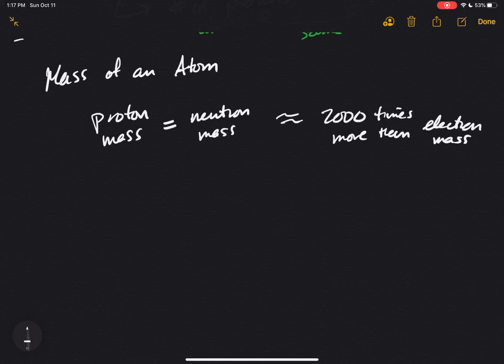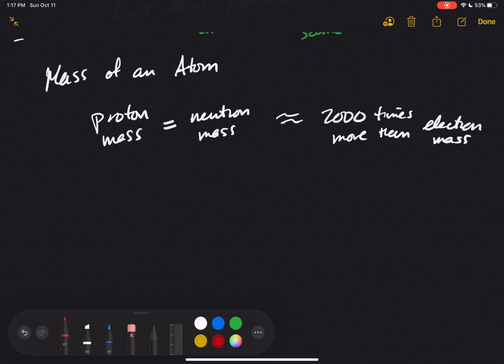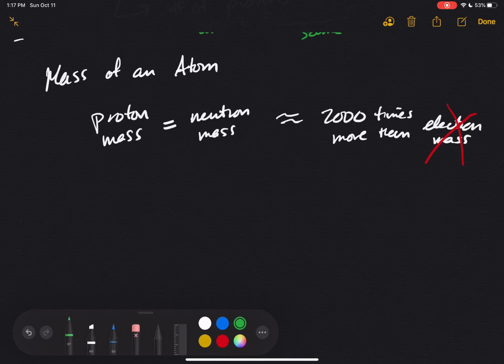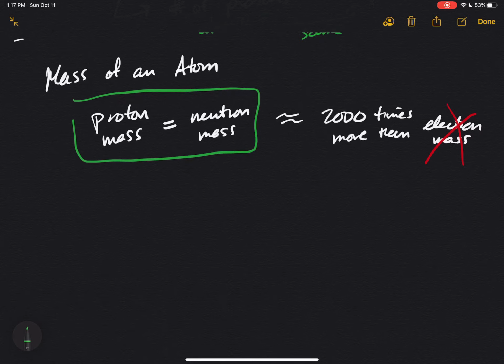What this means is, if we're talking about the mass of the whole atom, that this electron mass doesn't really matter. If we're going to talk about the mass of an atom, we should really be focusing on this proton mass and this neutron mass.